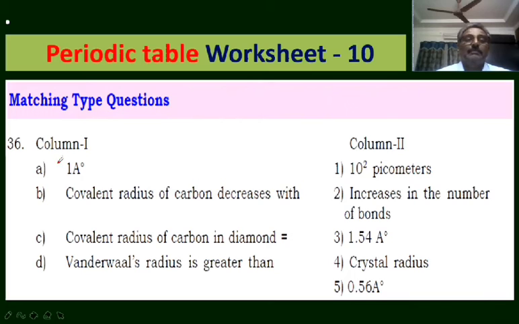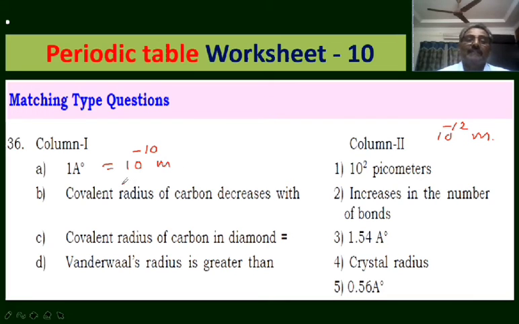Next, matching type questions. Column 1, column 2. 1 angstrom unit is equal to 10 square picometers. You know that 1 angstrom unit is equal to 10 to the power of minus 10 meters. 1 picometer is equal to 10 to the power of minus 12 meters.